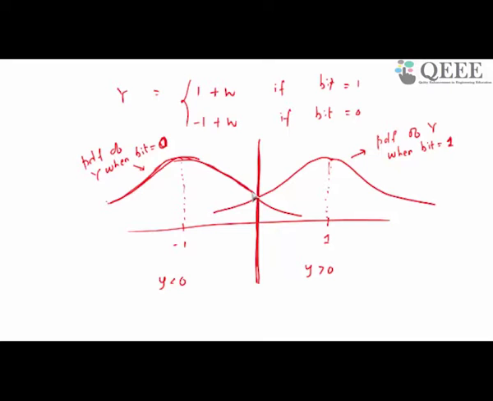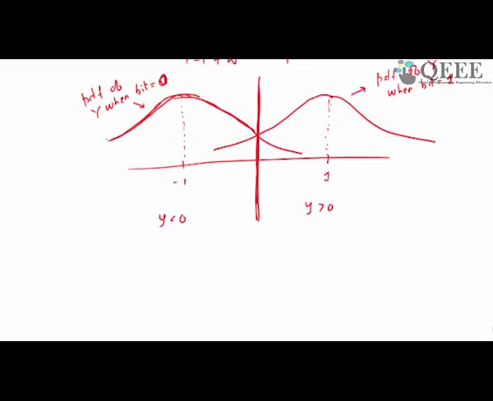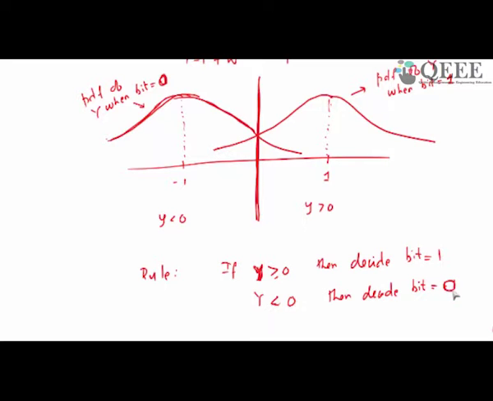So what is your decision rule, or how will you detect? The rule is, if the observation y is greater than or equal to 0, then decide that bit equals 1; if y is less than 0, then decide bit equals 0.